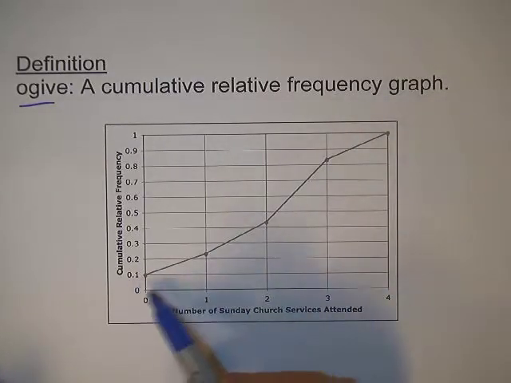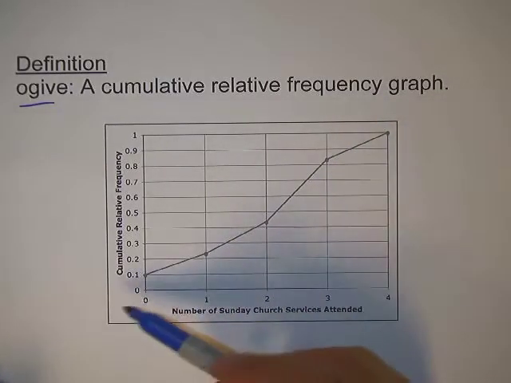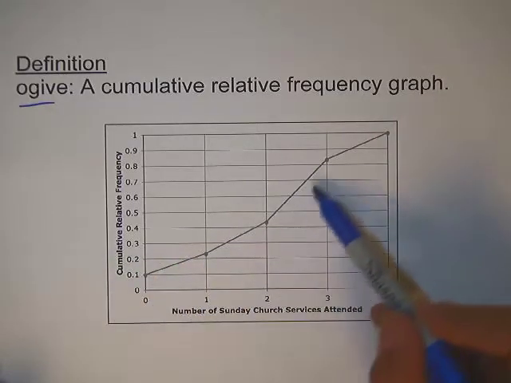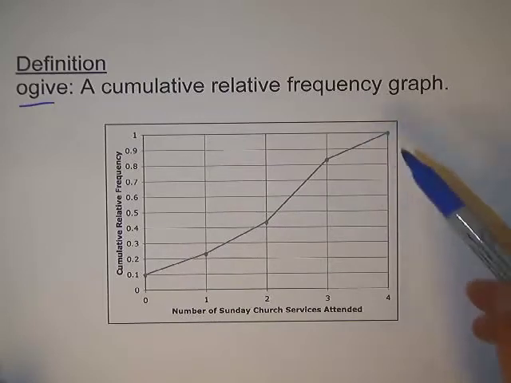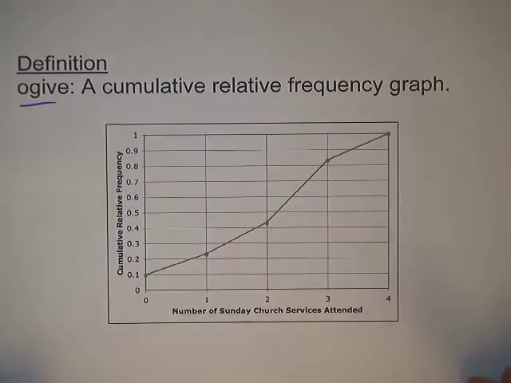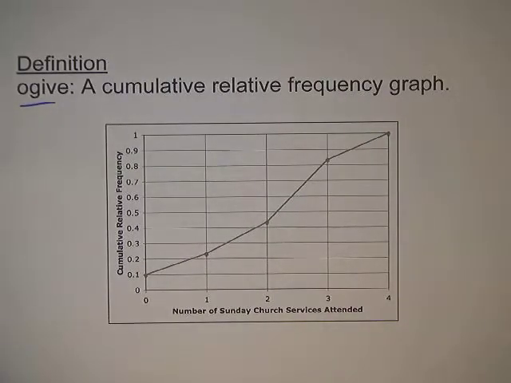In this case, it'll generally have a shape where sometimes it'll level off a little bit. So an ogive, or a cumulative relative frequency graph, is a common way where cumulative relative frequencies are used and displayed.